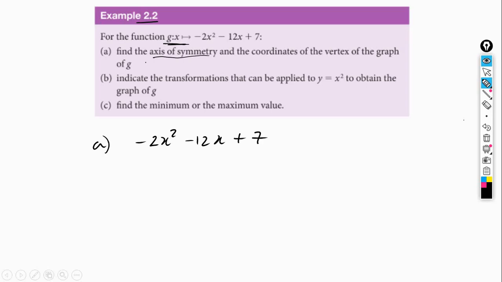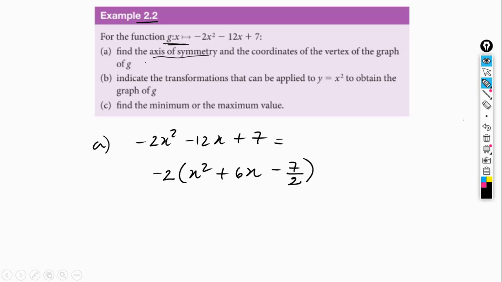In order for us to be able to do the completing the square procedure, we will need to factor out this negative 2 since I need the coefficient of x squared to be 1. Notice that we can rewrite this as negative 2 times x squared plus 6x minus 7 halves.